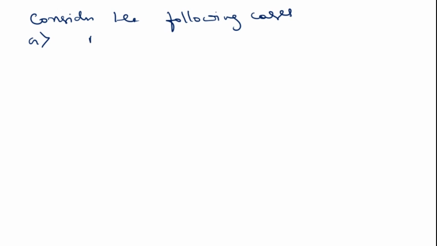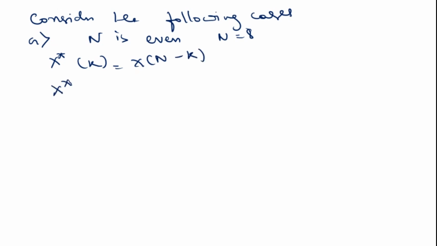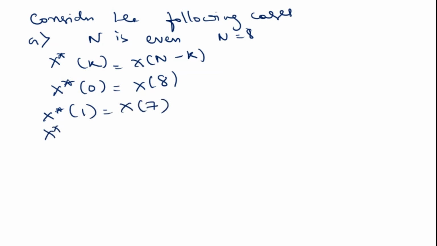Now, consider the following cases. First one, if N is even with N equal to 8, then x star of k is equal to x of N minus k. X star of 0 is equal to x of 8. X star of 1 is equal to x of 7. X star of 2 is equal to x of 6.